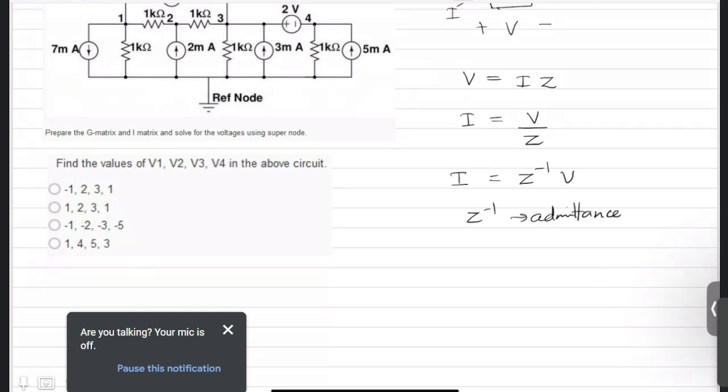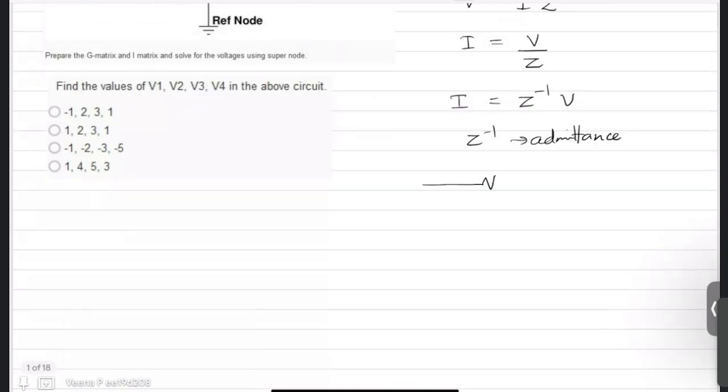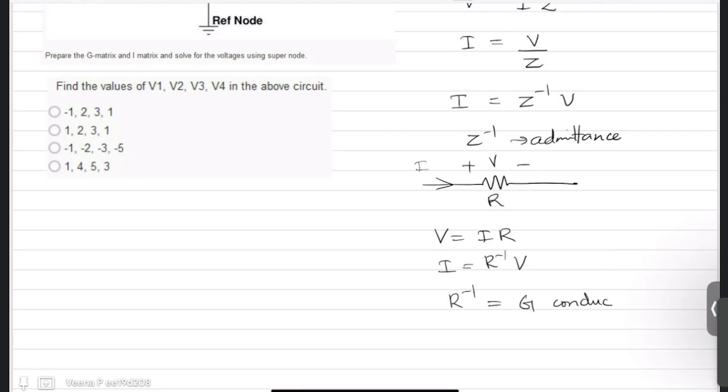Now when you take a simple resistor and you pass a current I, there is a voltage drop of V, where V is given as I into R, or I is equal to R inverse into V, where this R inverse is called the conductance.